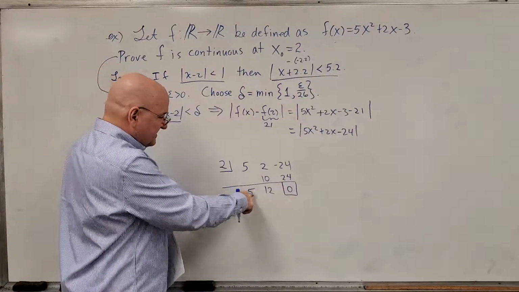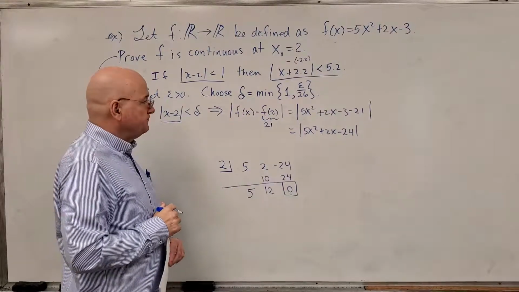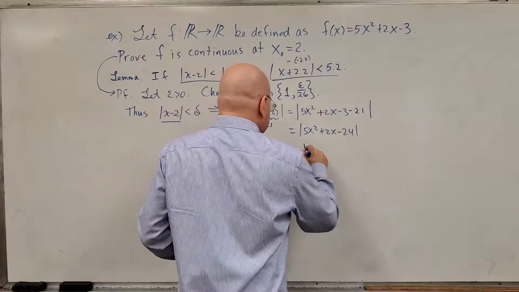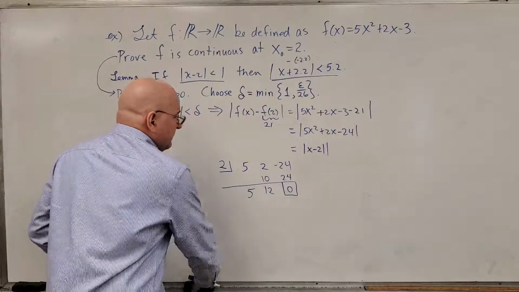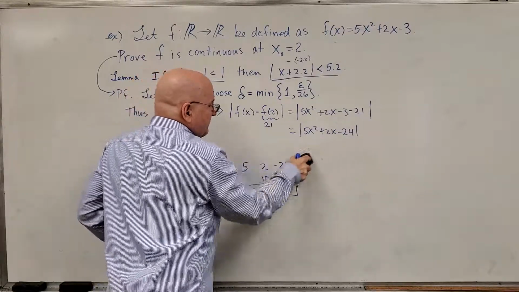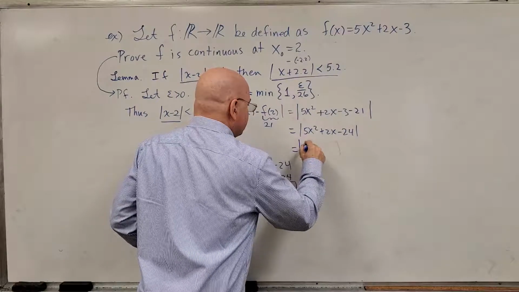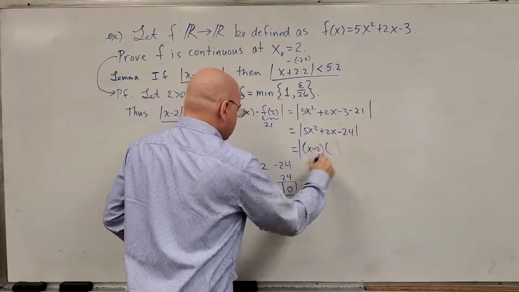And this also tells us what the other factor is. So I can say by factoring that that's equal to x minus 2. Now maybe I'll write it like this: x minus 2 times what?